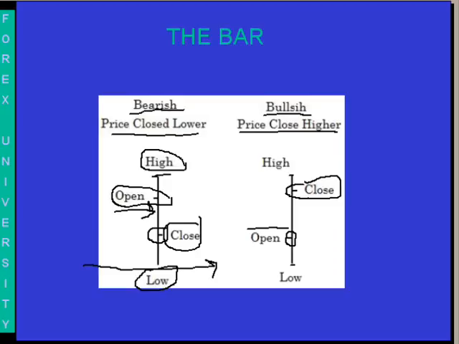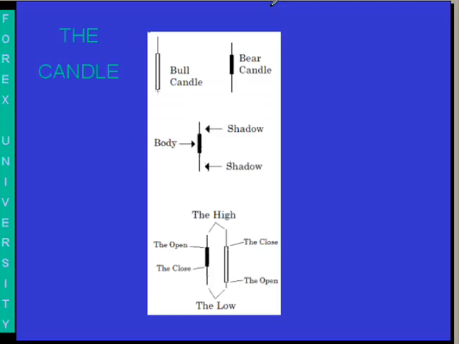Now, next, we have the candle. The candle is much more expressive and easy to read for many traders, and you'll see why in a moment. It does the exact same thing that a bar does, but it's a little bit more visually appealing.